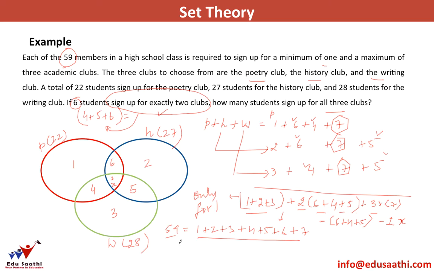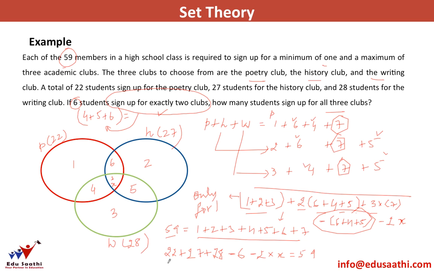So in other words, I can do P plus H plus W. This is 22 plus 27 plus 28 minus this thing 6 plus 4 plus 5, which is nothing but 6, minus 2 times X is equal to 59.